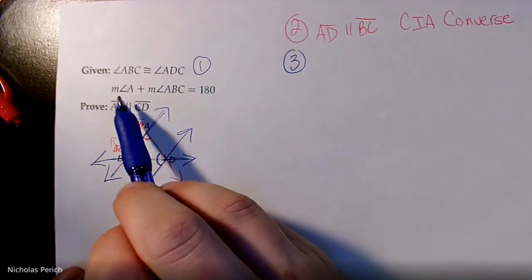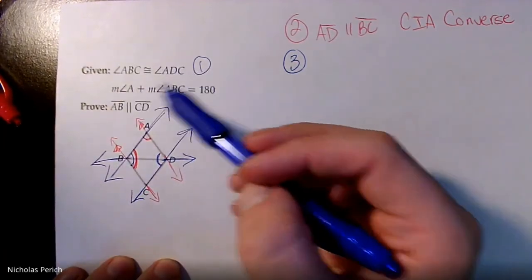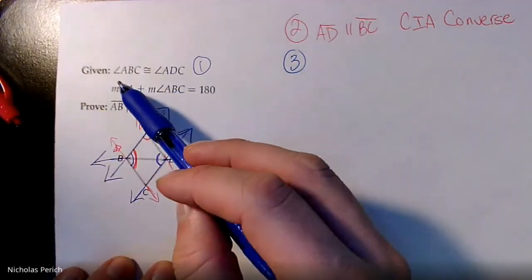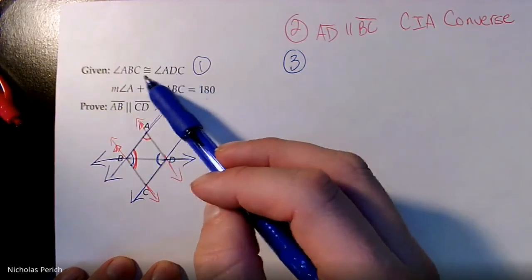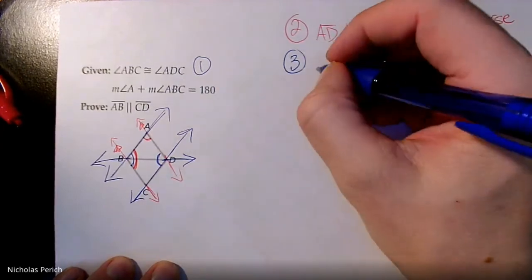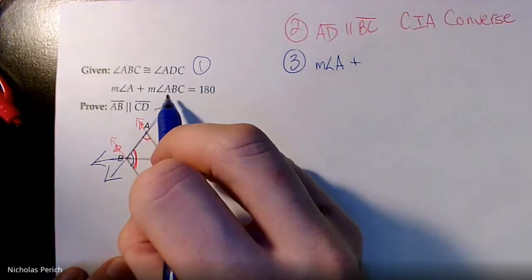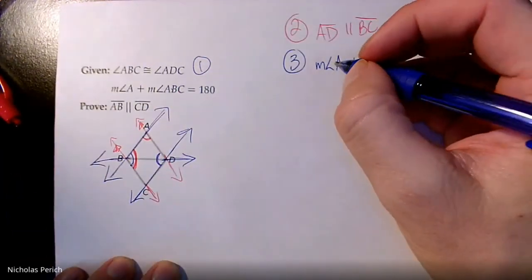Look at this information right here. Since ABC and ADC are congruent, and ABC is also used here, I can say that the measure of angle A plus, I'm going to replace that ABC with ADC.